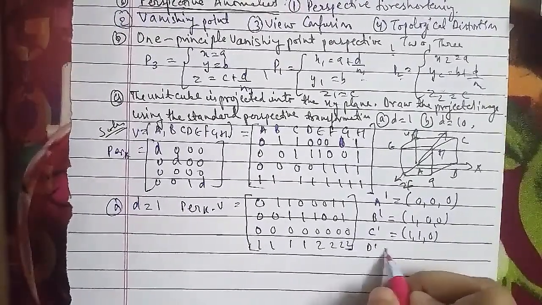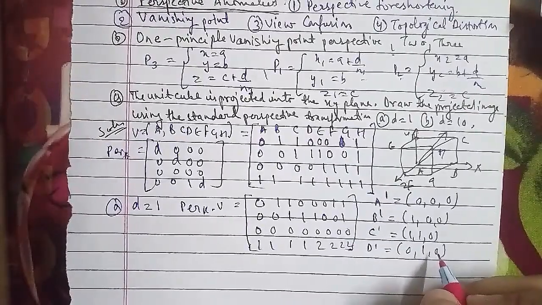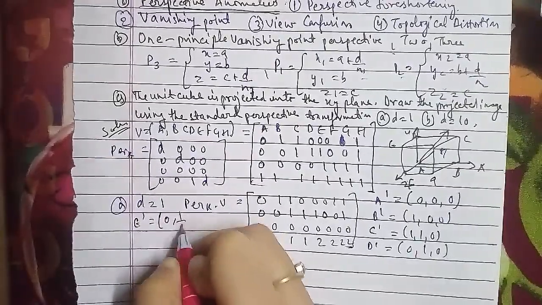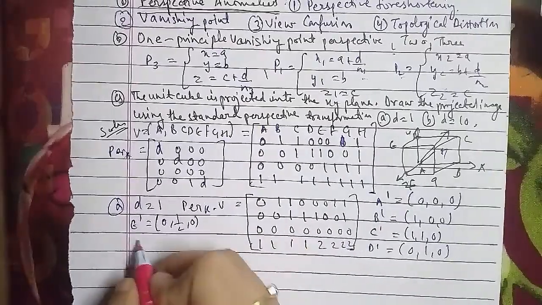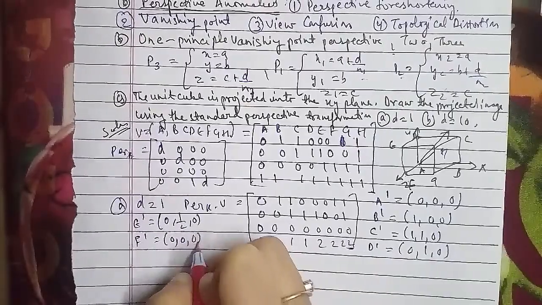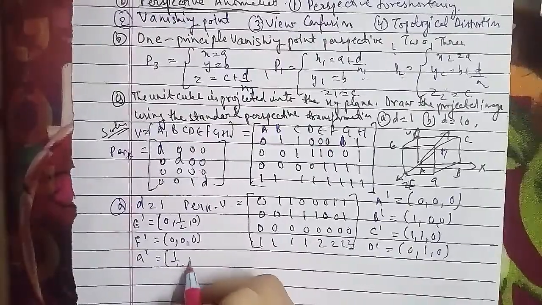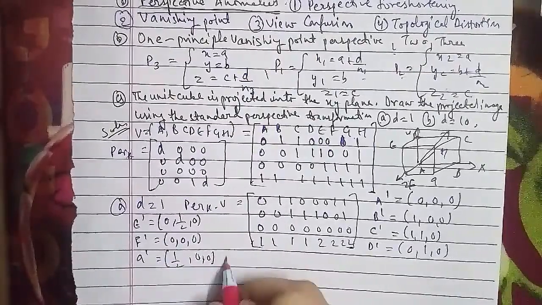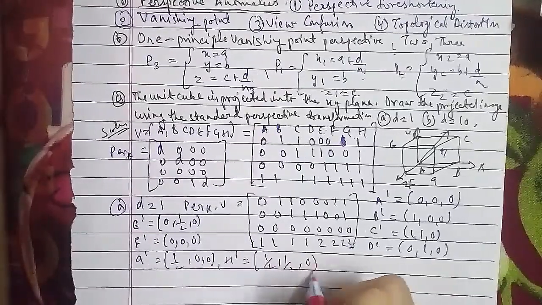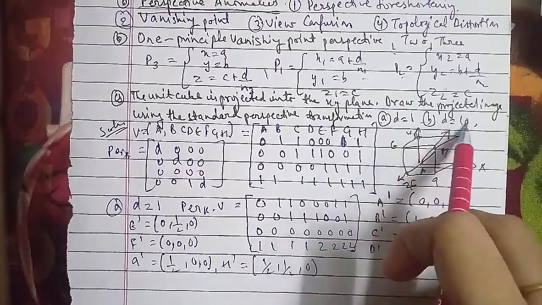D dash is equal to 0 comma 1 comma 0, where E dash equals 0 comma 1 by 2 comma 0, and F dash is equal to 0 comma 0 comma 0, and G dash is equal to 1 by 2 comma 0 comma 0, and H dash equals 1 by 2 comma 1 by 2 comma 0. So that has been represented here. Now we'll talk about the second one, that is d equals 10 here.